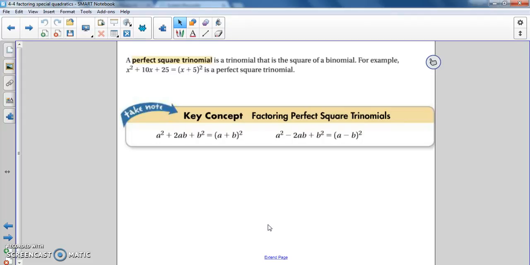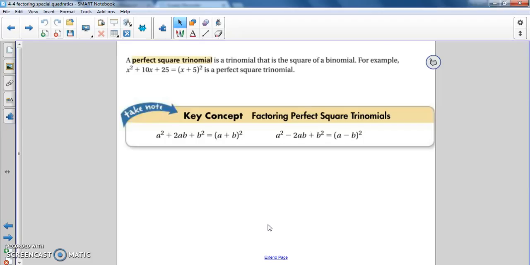So if ax squared plus bx plus c is a perfect square trinomial, then ax squared, which is our first term, and c, which is our last term, are the squares of the terms of the binomial. So in our example, x squared is the square of x, and 25 is the square of 5.